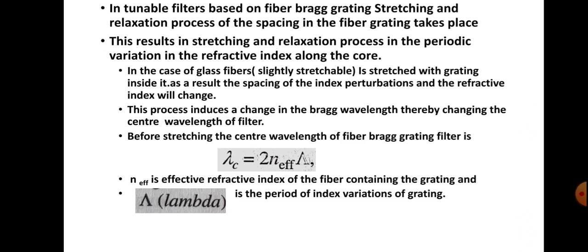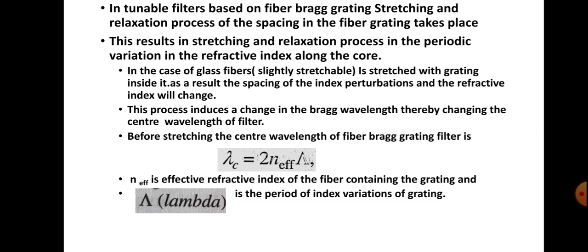Usually the grating structure is used for separating different wavelengths when we are transmitting different wavelengths through the fiber. That means a particular wavelength will be selected by using the grating structure. In the case of tunable filters also, we achieve that selection or filtering process by changing the spacing of the grating structure.